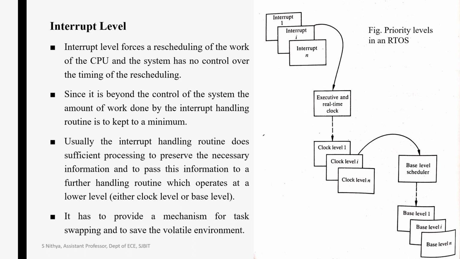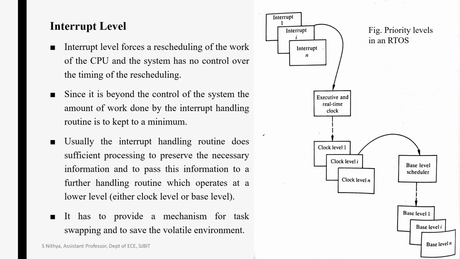The interrupt level forces the rescheduling of the work of the CPU, and the system has no control over the timing of rescheduling. It is instructing the process to reschedule again, but it doesn't know when that particular program will be rescheduled. Since it is beyond the control of the system, the amount of work done by the interrupt handling routine is kept to a minimum.